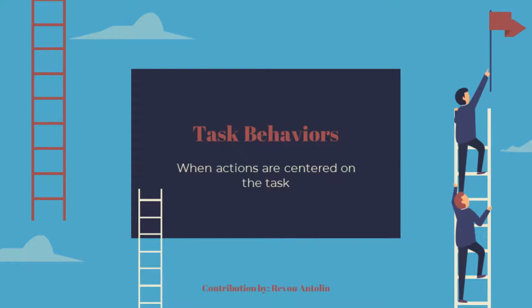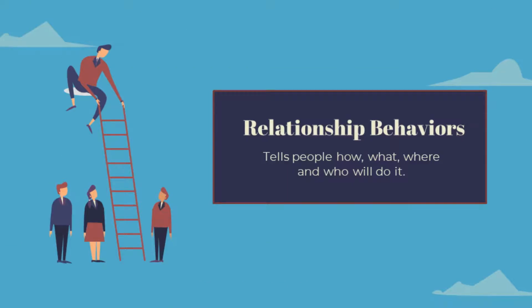Task behavior is when your actions are centered on the task, the job that needs to be done, individual or group work. Task behavior tells people how, what, when, and who will do it. On the other hand, relationship behavior is when your actions are centered towards the relationship with your people.